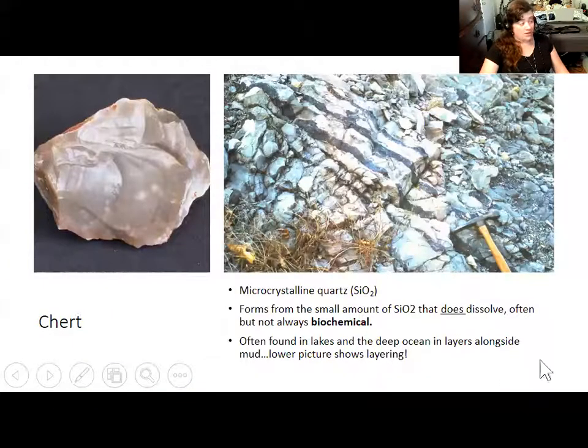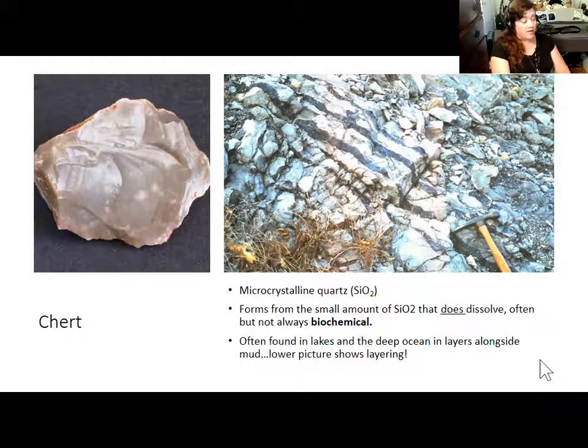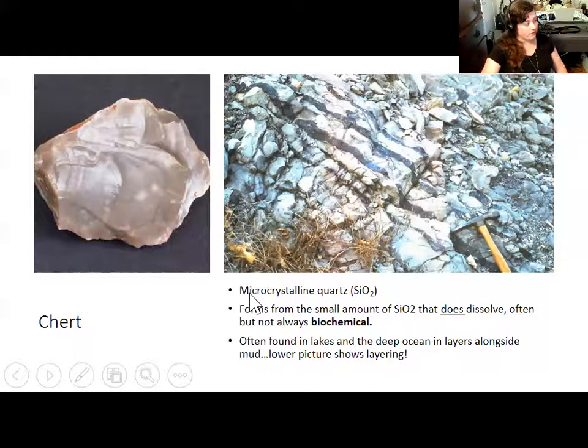But not all chemical sedimentary rocks are made of calcium carbonate, obviously. I mentioned that you do have some silica that gets dissolved in water. Since silica very much does not like being dissolved in water, as soon as the water level drops, basically it will precipitate out. And so there's a variety of quartz that is microcrystalline, in that you have a very hard to detect, very fine-grained crystal structure, and that's called chert.